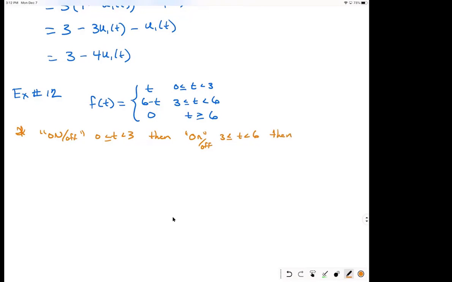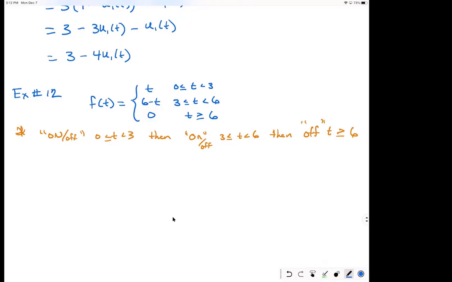Then I'm switching off in this case because I'm going to be multiplying by 0 for t bigger than or equal to 6. And the reason I'm saying off is because nothing is happening there, right? We're going to multiply by 0.